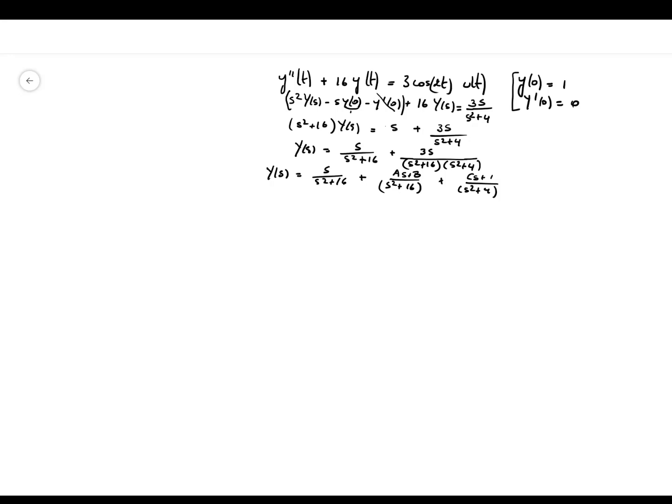cs plus d, right? So you can see here that the coefficients b and d will be 0 because they can only create independent terms and terms in s squared. Okay, and in here you see that there is 3s, so you can already see that b is going to be equal to 0 and d is going to be equal to 0.